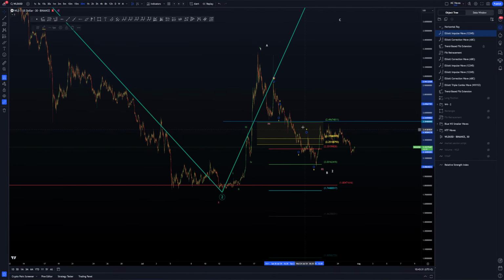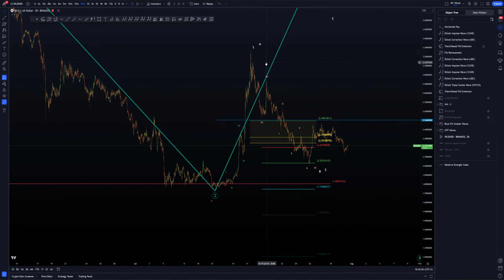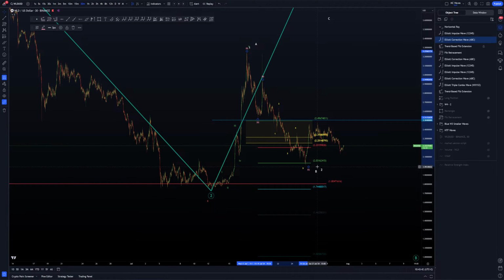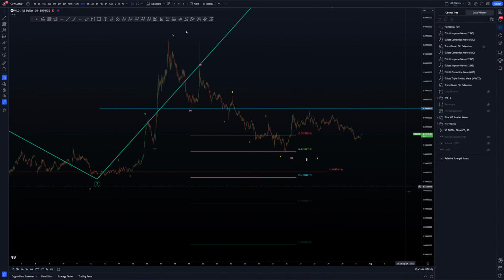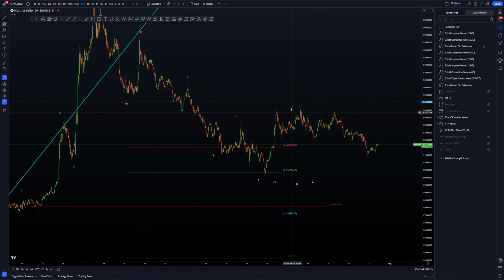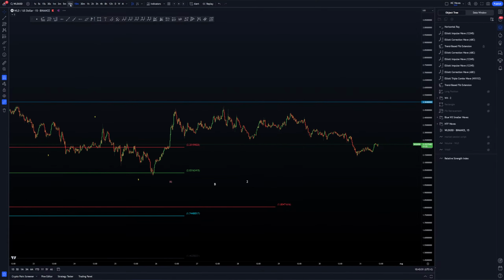Looks more like something like this, 1, 2, 3, 4, 5. Alright, so the only thing now, well, I'm going to get rid of that also, is simply this.